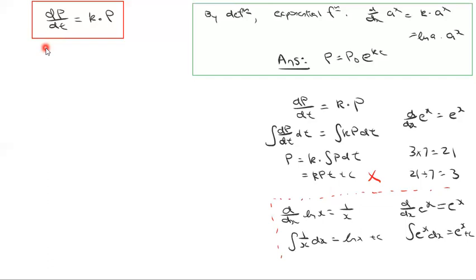Now, first thing you do is you can flip the derivative around. But if you flip the left-hand side around, you need to flip the right-hand side around as well. Okay. And now we've got p on the bottom, which means we can now integrate with respect to p.